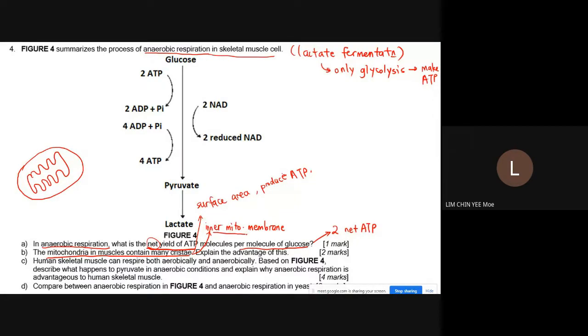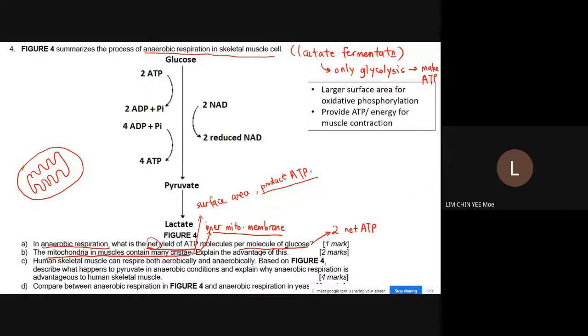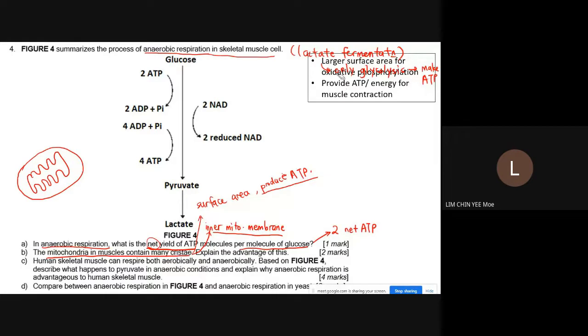At the inner mitochondrial membrane, what ATP production is that? That's oxidative phosphorylation. So you answer it like this: larger surface area for oxidative phosphorylation to provide ATP for the muscle contraction. This is its advantage.